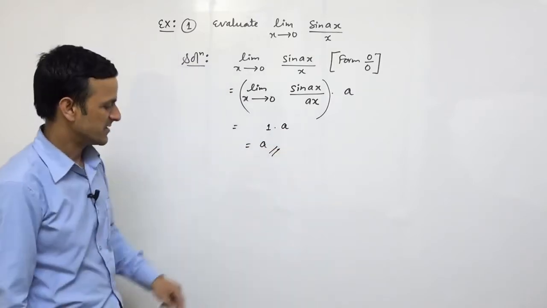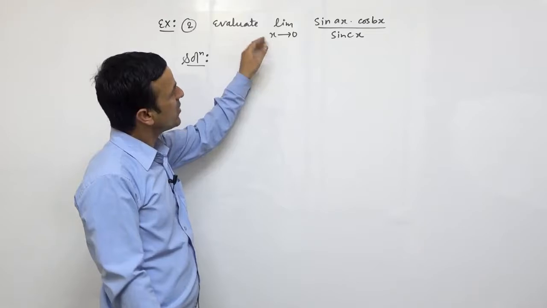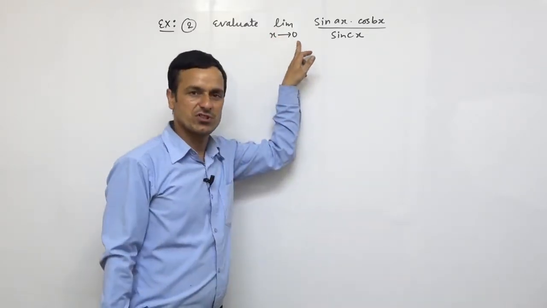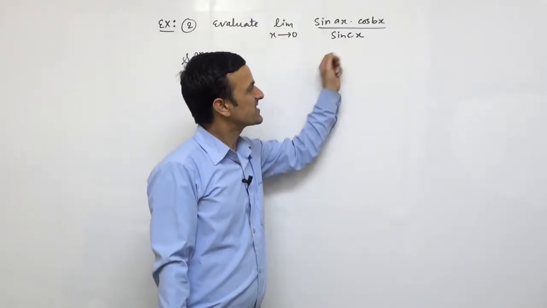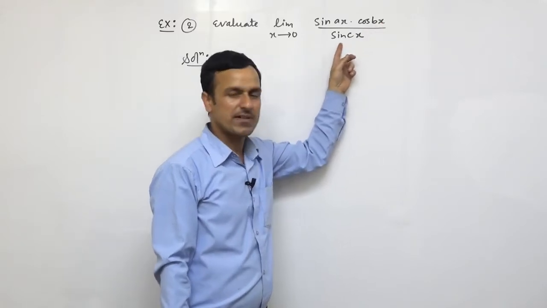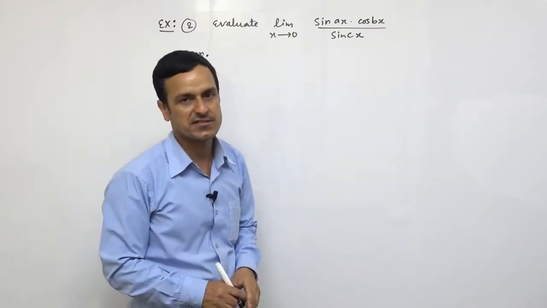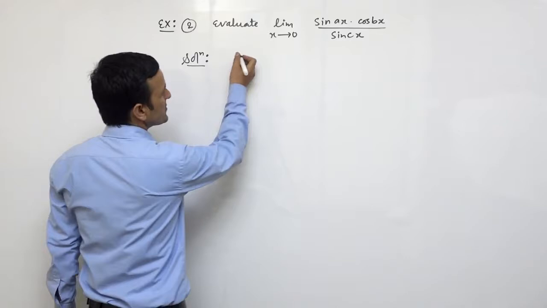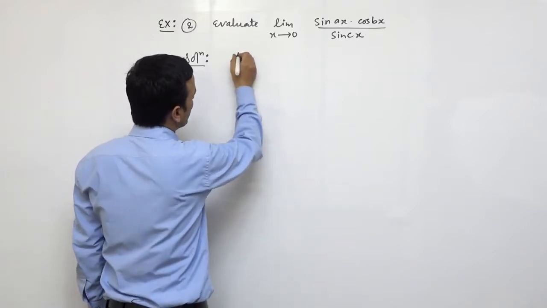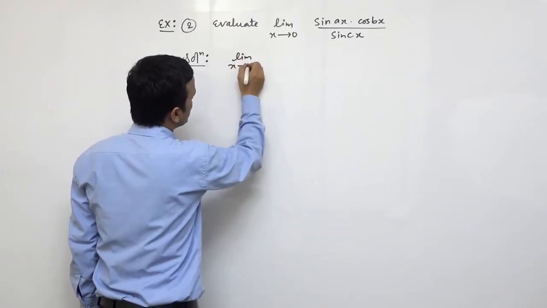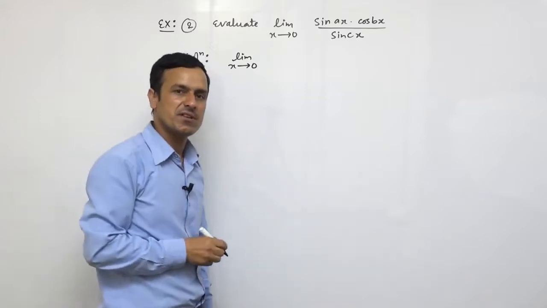So this is the answer. Now we have this question: limit x tends to 0 sin ax into cos bx divided by sin cx. So this is the same kind of question, which also gives the indeterminate form.